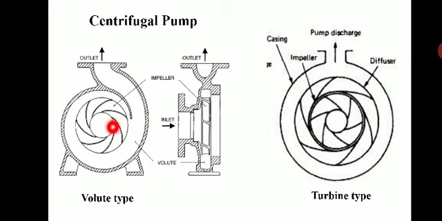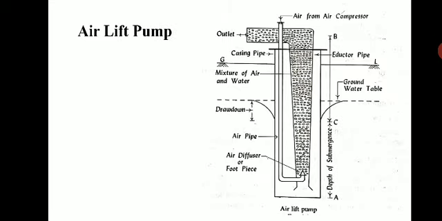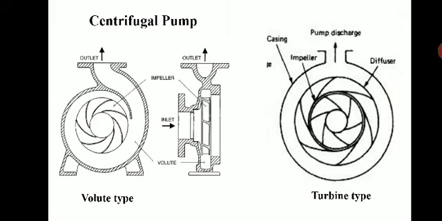The centrifugal pumps are divided into two groups: one is the volute type and the other is the turbine type of pump. In the volute type centrifugal pump, here there is an impeller, and the impeller discharges the water into a gradually expanding spiral chamber.